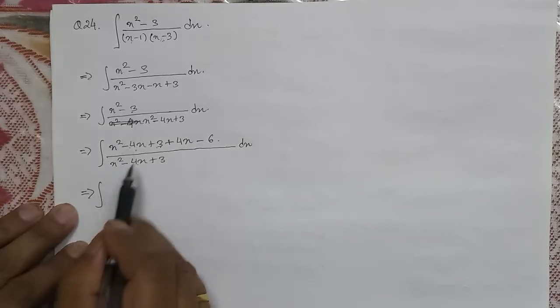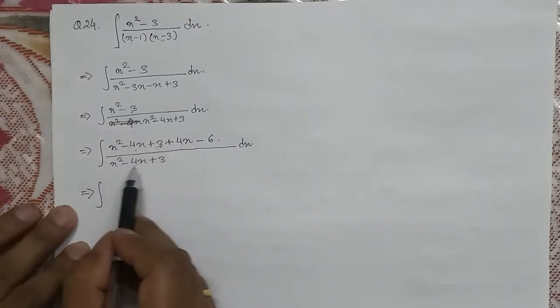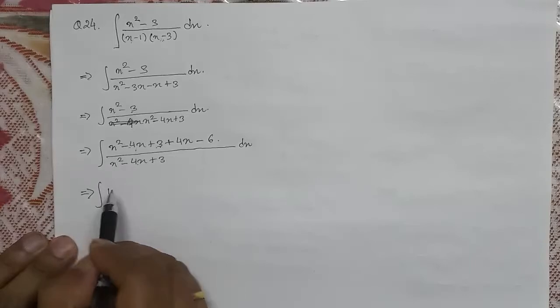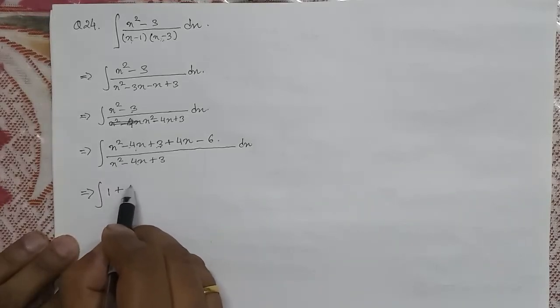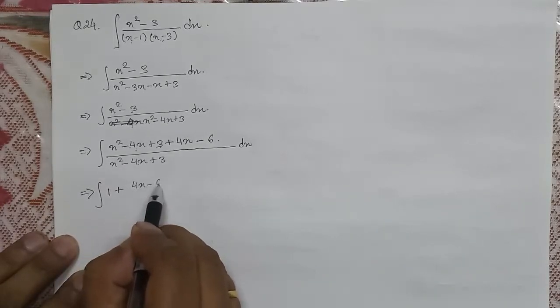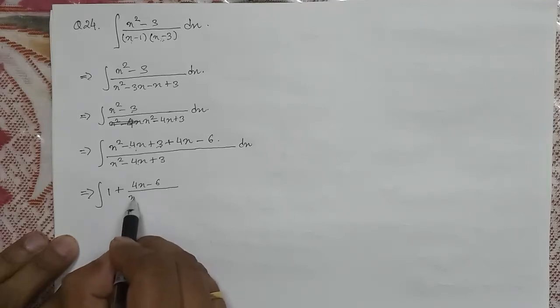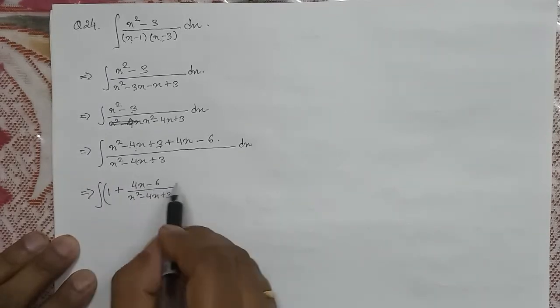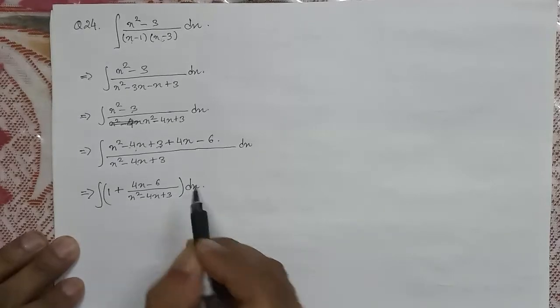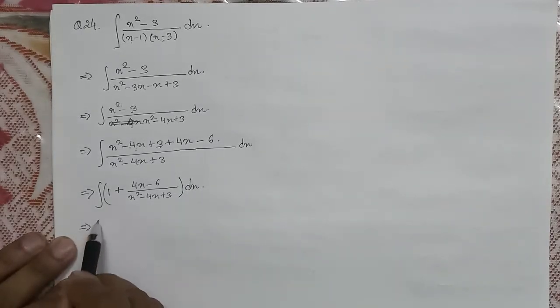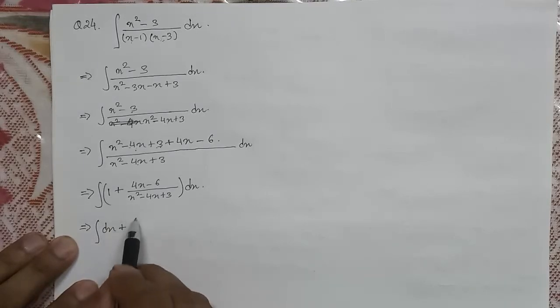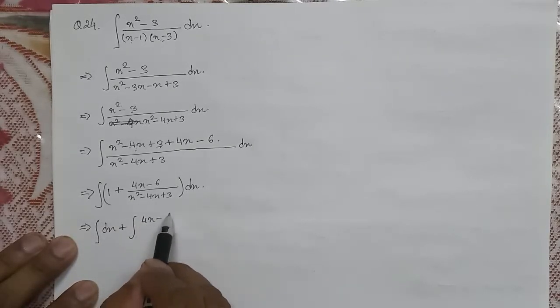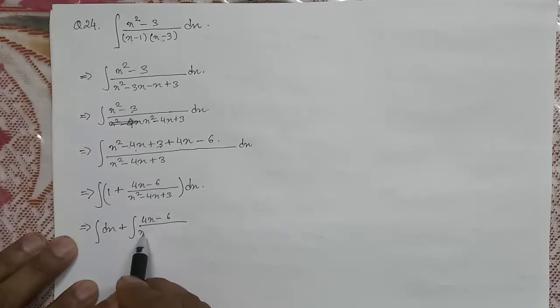I'll divide these two. x square minus 4x plus 3 divided by x square minus 4x plus 3, it will be 1 plus 4x minus 6 over x square minus 4x plus 3, dx. Now then integration, we'll separate the integral: dx plus integration 4x minus 6 over x square minus 4x plus 3 dx.